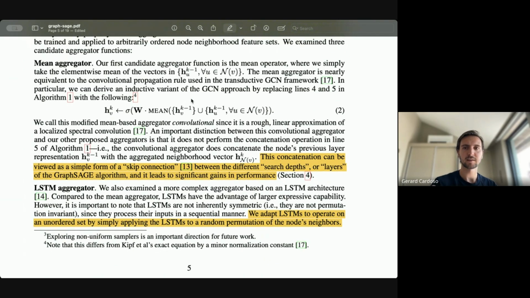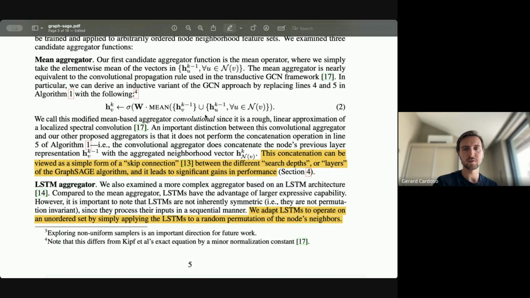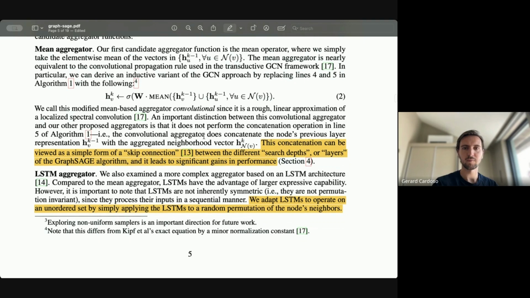But the mean, I guess, is the simplest to understand, where you effectively average the embeddings of the neighbors, and then you concatenate it with the previous representation of the node, and then you apply the weight and nonlinearity.